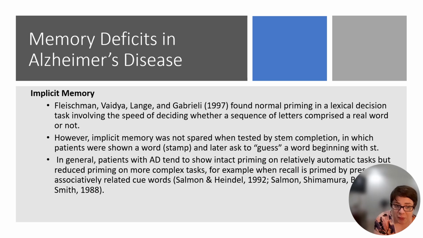So in general, patients with Alzheimer's disease tend to show intact priming on automatic tasks, but reduced priming on more complex tasks. When you're required to remember an earlier episode in order to benefit from the priming condition, they fail to show that benefit.